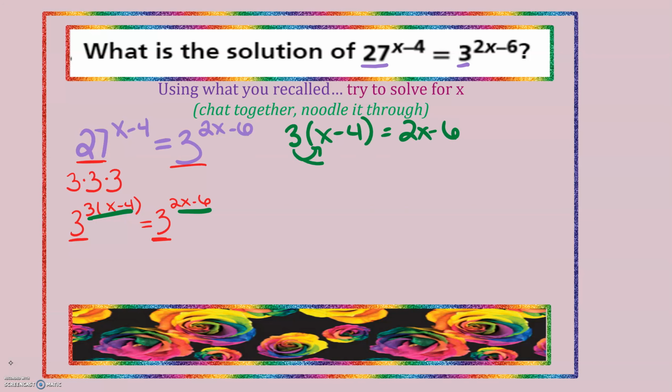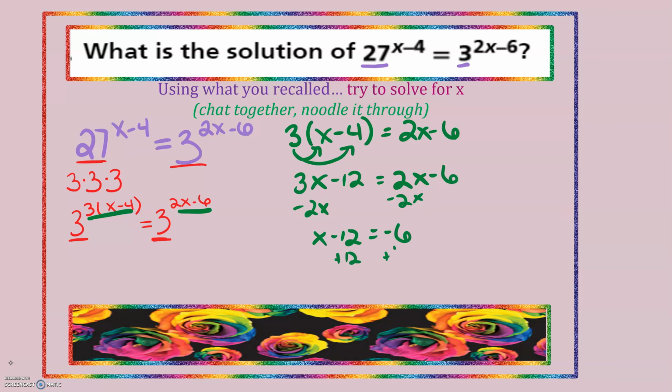We're going to distribute that 3. 3x minus 12 equals 2x minus 6. I'm going to subtract 2x from both sides. And I'd get x minus 12 equals negative 6. Add 12 to both sides. And we end up with x equaling positive 6.